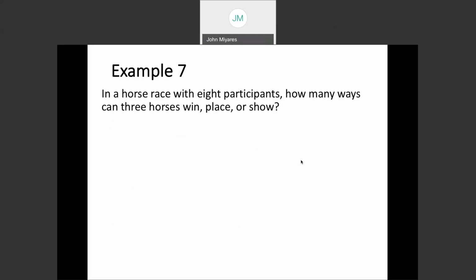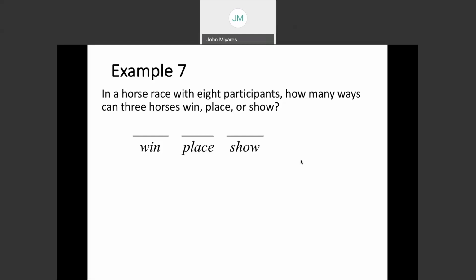Now, not every one of these problems involves multiplying numbers going all the way down to the number 1. Here is such an example. In a horse race with 8 participants, how many ways can 3 horses win, place, or show? This time we still have 8 horses, but we're only interested in the top 3 finishers. Win means they got first place, place means they got second place, and show means they got into third place.